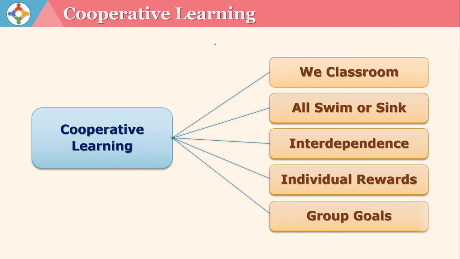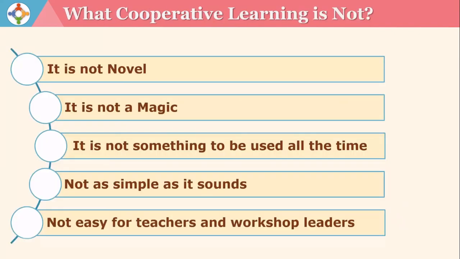Not I will, but we will. Either all will swim or all will sink, and there is positive interdependence among the group members, meaning students. So everyone is not behind the individual rewards, but there are group goals. Achieving those group goals will automatically lead to individual rewards. It will automatically lead. There is no race kind of thing in this kind of learning environment.